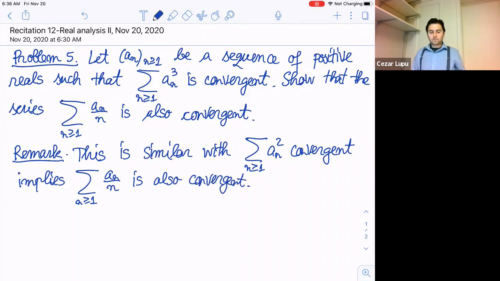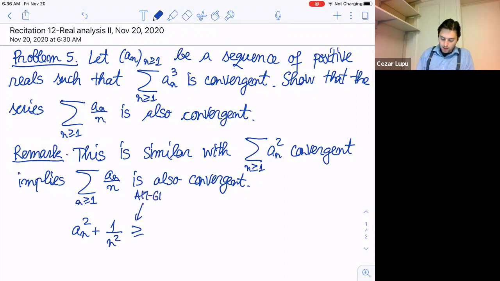In what way was this similar? In fact, we used that a_n squared plus 1 over n squared, by the AM-GM inequality, is greater or equal than 2 a_n over n.